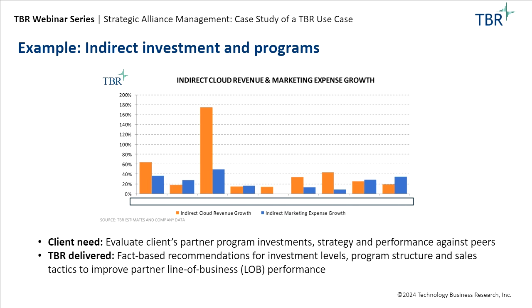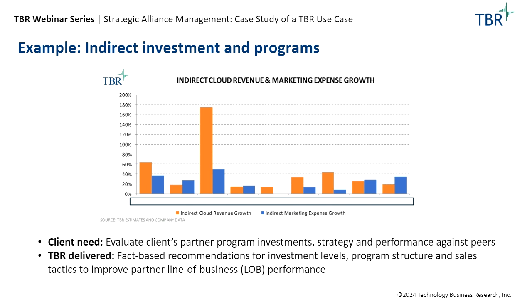So Patrick mentioned some of the custom bespoke projects that we do that go a step further, but are still focused on that overall alliance ecosystem strategy. So this is an output from an engagement we did with a large SaaS provider.